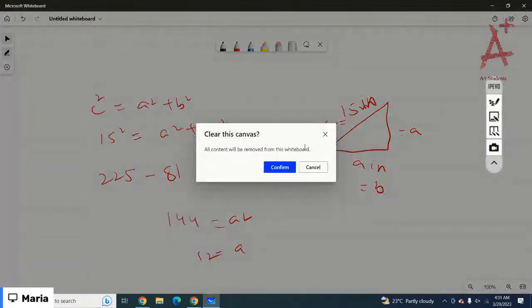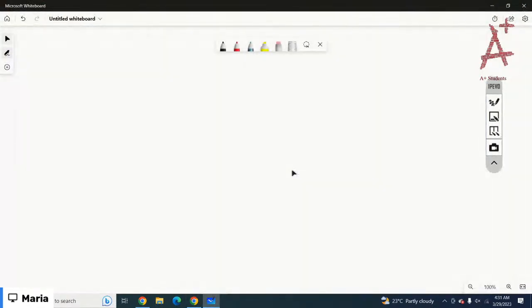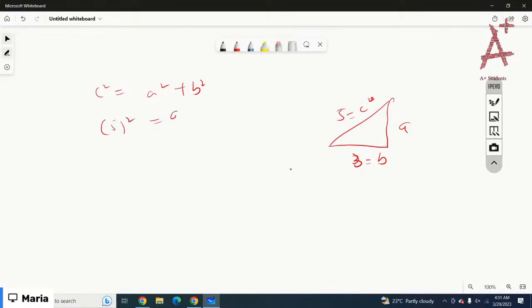So it would be 5, it would be 3, so that is c, and that is b. We need to calculate a. It would be c square equals a square plus b square. C is 5 square, a square plus 3 square.